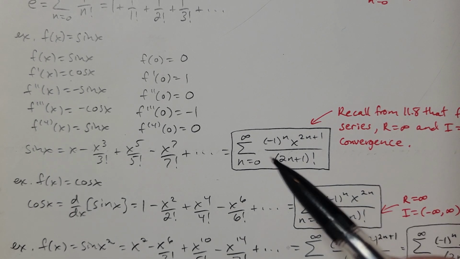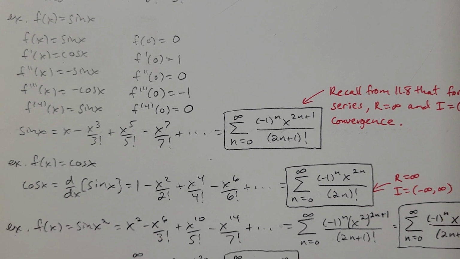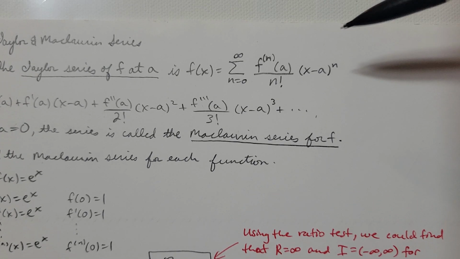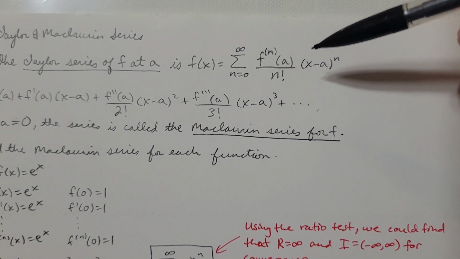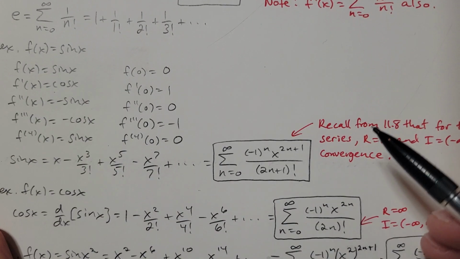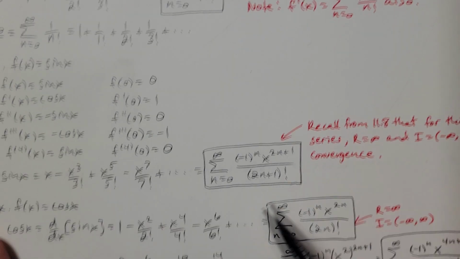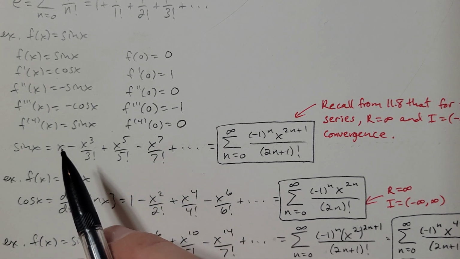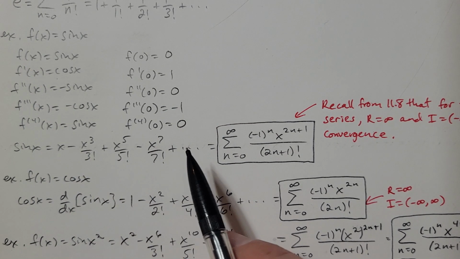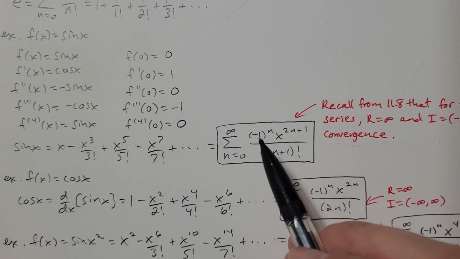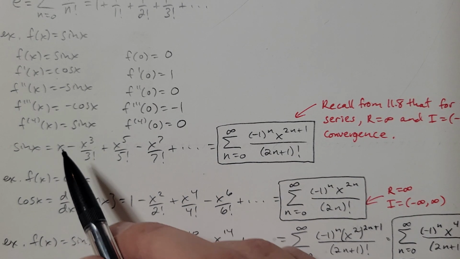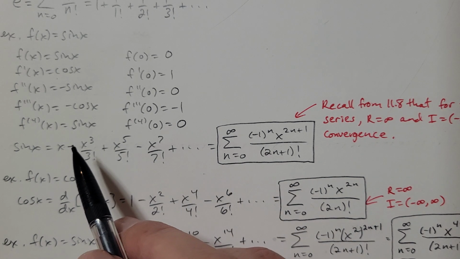In power series notation, we're going to have the summation as n equals 0 to infinity. What's happening here is that I'm alternating sign. It goes positive, negative, positive, negative, so that's going to be negative 1 to the n. If n is 0, the first term is plus. If n is 1, the next term is minus.